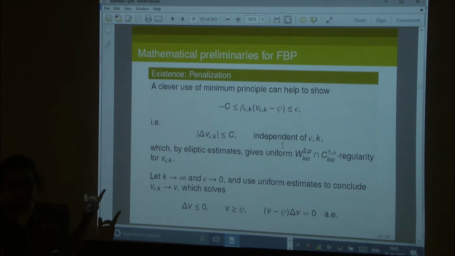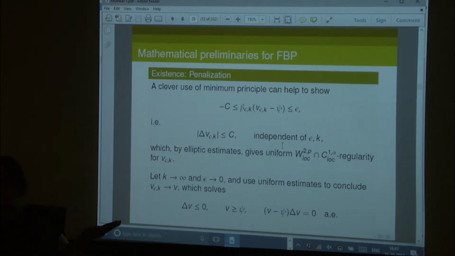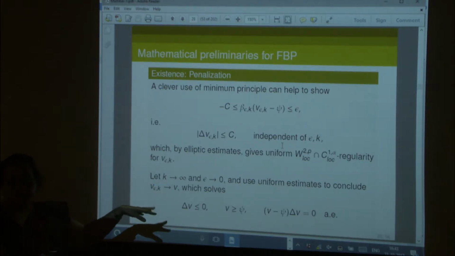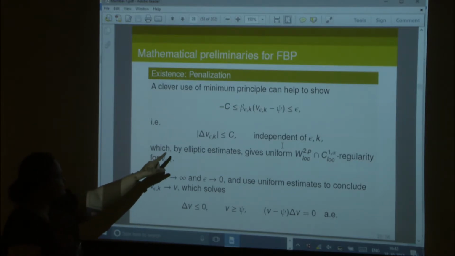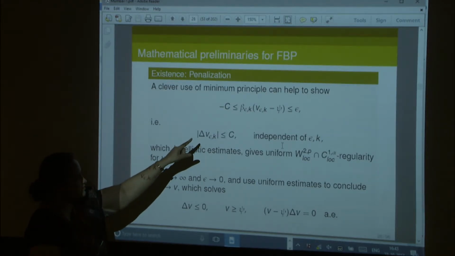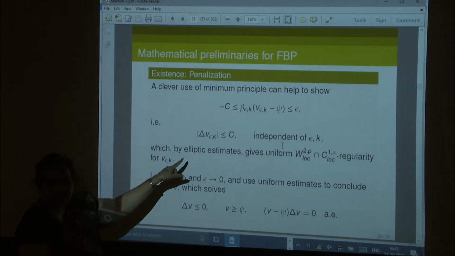So here, the minimum principle, you should try to check. Why minimum principle? Bounded from above is straightforward because that is the way the function is defined. But the minimum principle will give you that it is bounded from below as well. And here you see this: because it satisfies that beta epsilon k of that particular function is Laplacian of v epsilon k, you get a bound on the second derivative.